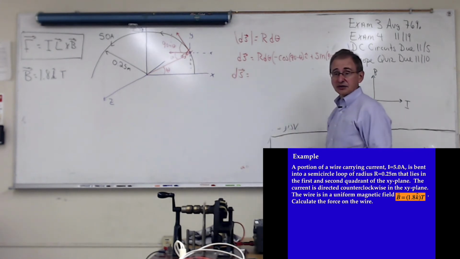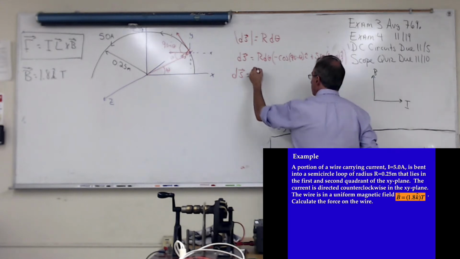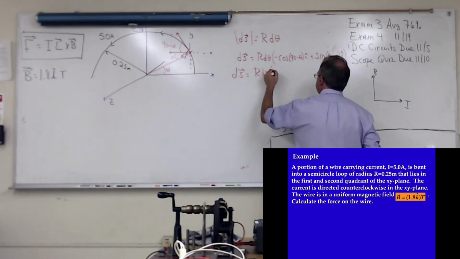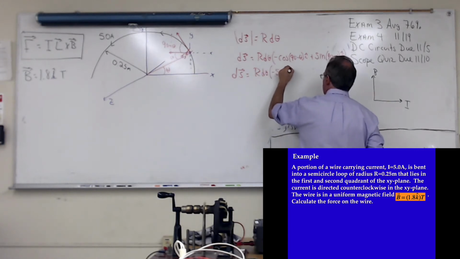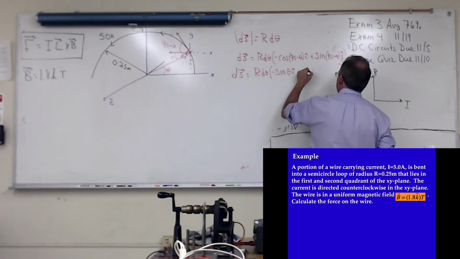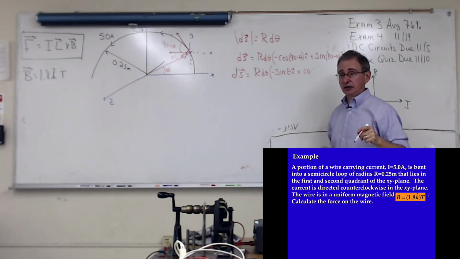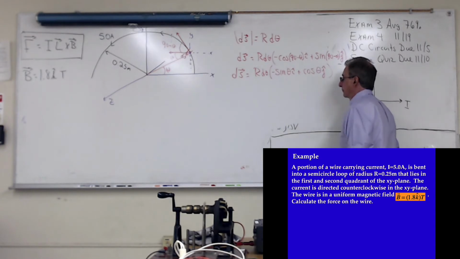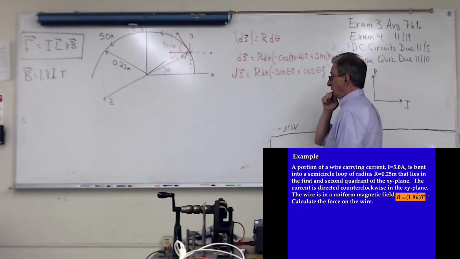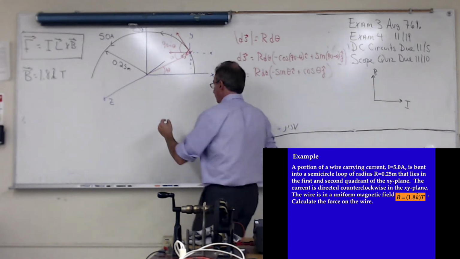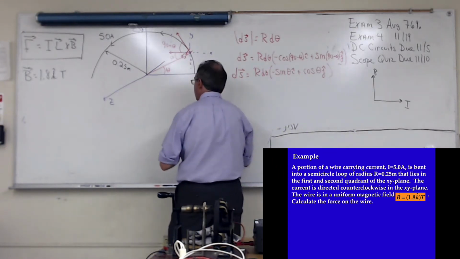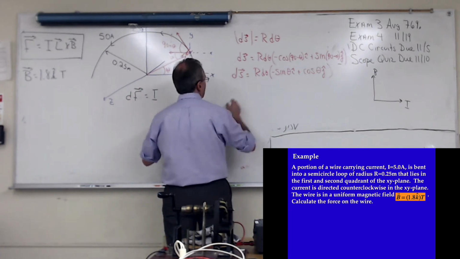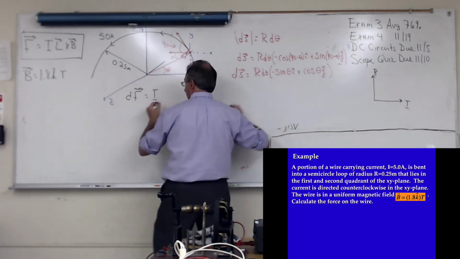You all know what cosine of 90 minus theta is, the same as the sine of theta. And the sine of 90 minus theta is cosine of theta. So that's my ds. And so dF is I ds, which is this thing, right?